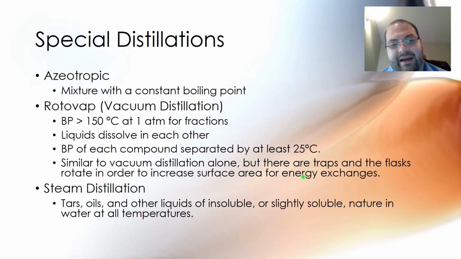As far as condensing goes, in your setups that we'll talk about, you have a standard column, and then you have a cold finger condenser. The same can go for rotovaps. They can have a cold finger, or they can have a coil.